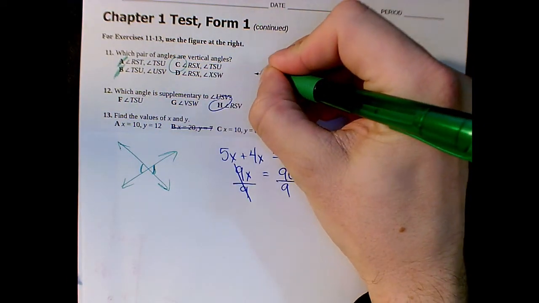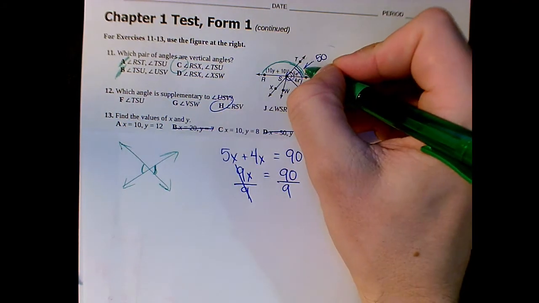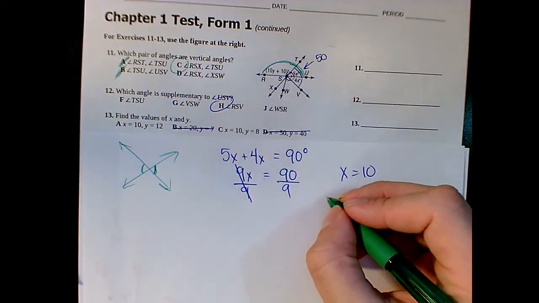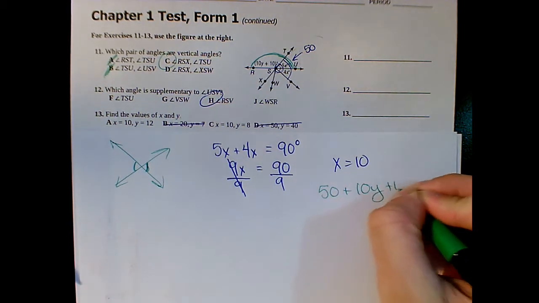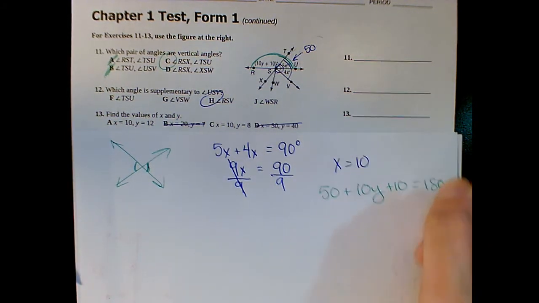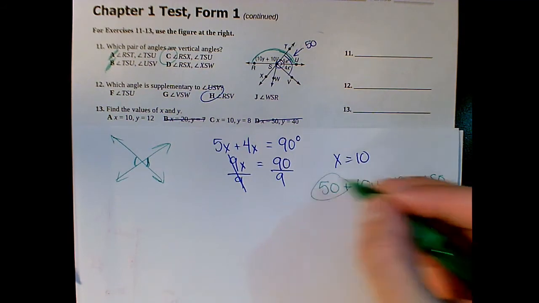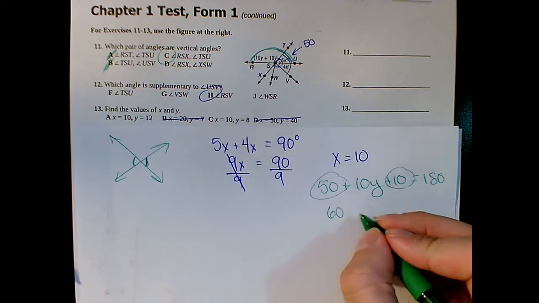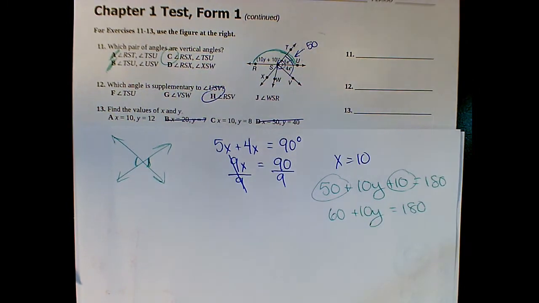These guys are 180 degrees because they form a straight line. So 50 and 10y plus 10 are going to equal 180 degrees because they form a straight line. Okay, 50 and 10 makes 60. 60 plus 10y equals 180.